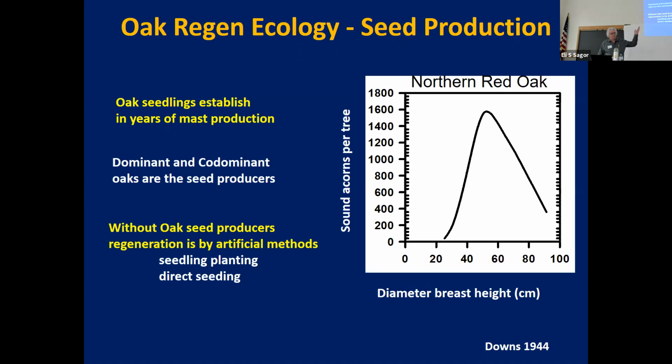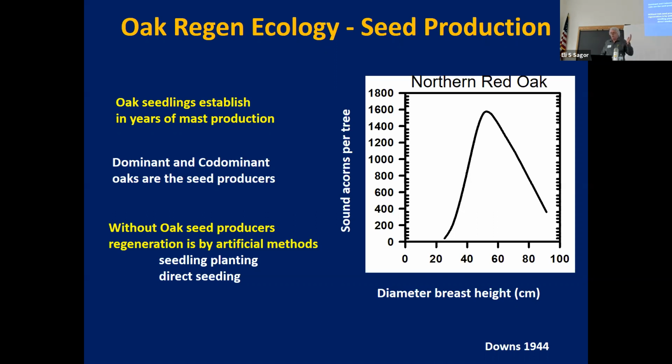And production peaks, in this graph, around 50 centimeters DBH, and then it declines. And so if you have good acorn producers in your stand, don't take them out in a thinning, protect them from mortality from prescribed fires. If you have the luxury, know who those producers are and thin around them and give them crown space to give you maximum production.